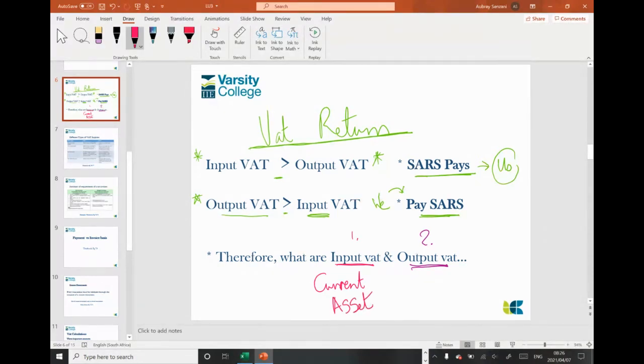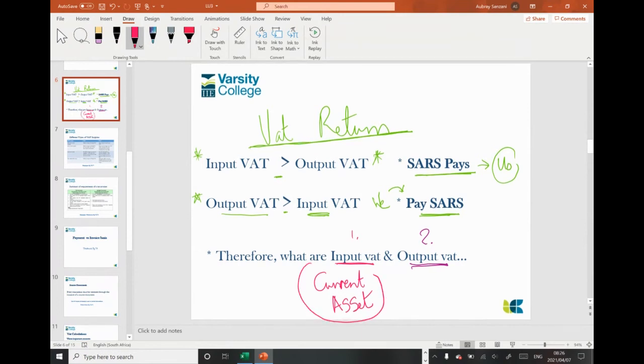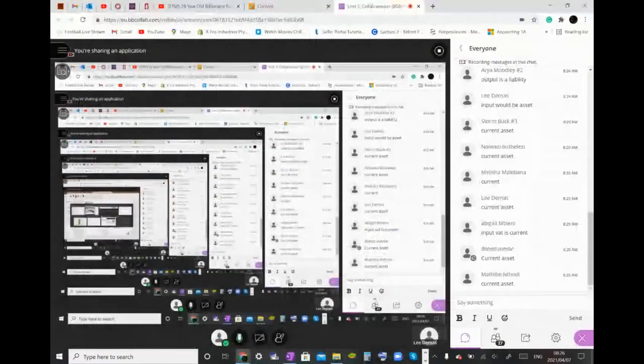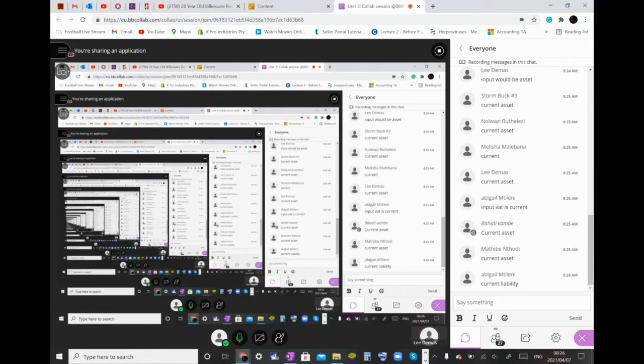Now tell me, we've identified input VAT. So somebody tell me now about output VAT. If input VAT is a current asset, what on earth is output VAT? Okay, current liability. Thank you, Abigail. Thank you, Storm.